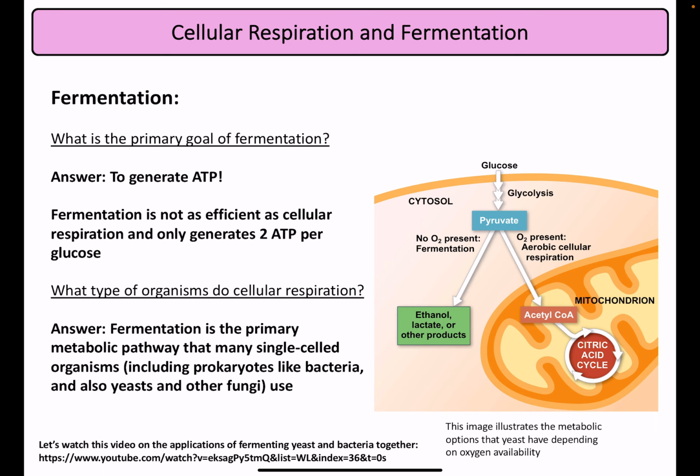Those are examples of single-celled organisms. So that's what I meant by, even though we're not getting 32 ATPs per glucose, we're only getting 2. That's okay, because the whole organism is only one cell, so 2 ATPs is just fine to power all of its activities.